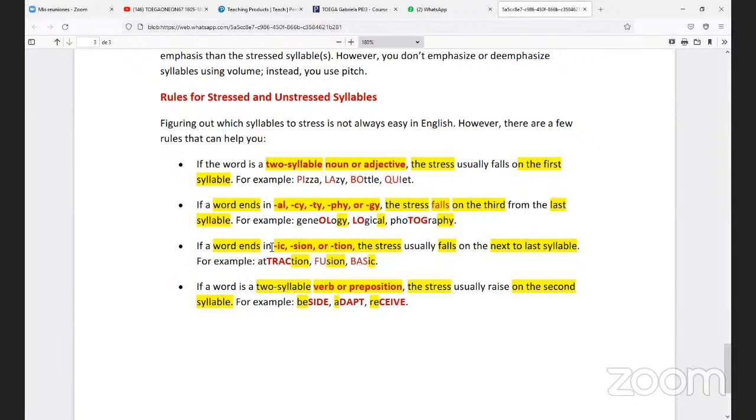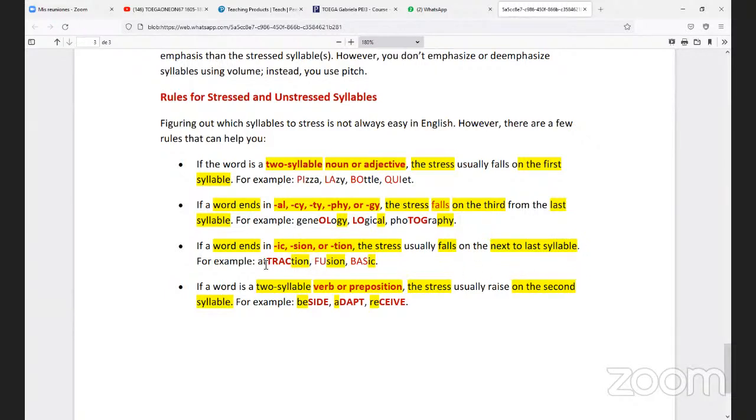Now, the other case is when we have the endings, okay? Not always in endings, it could be in the middle, but the most common is in the ending of words. When we end in IC, shion, and R, we have this shion. We're going to see that the stress usually falls on the next to the last syllable.